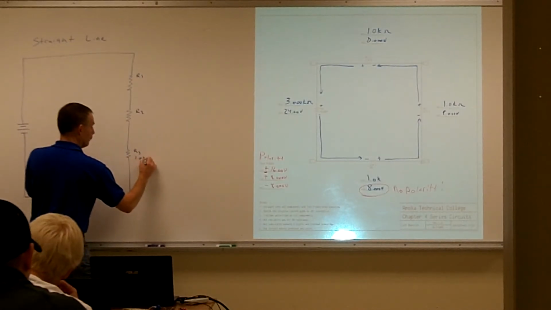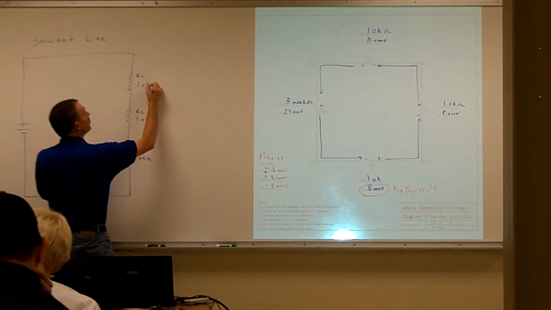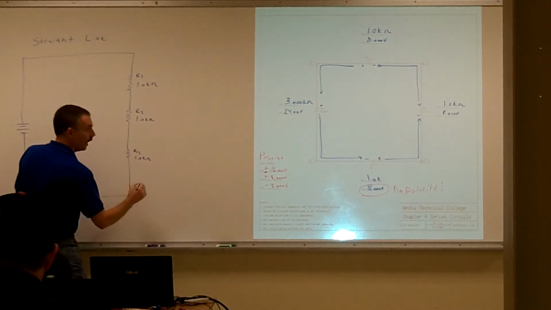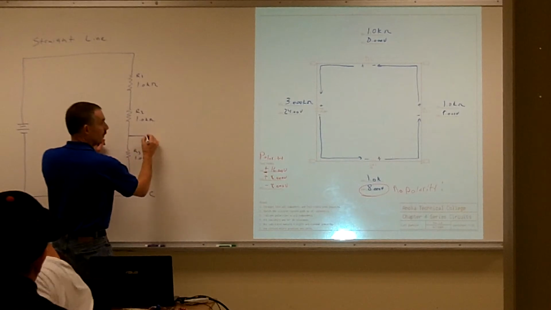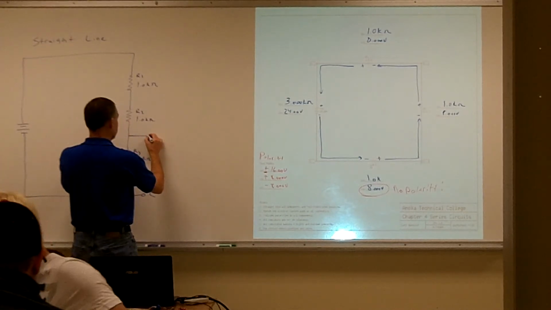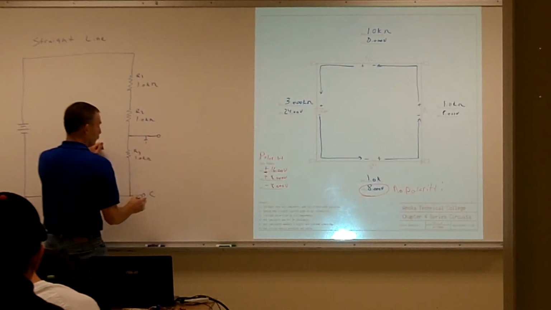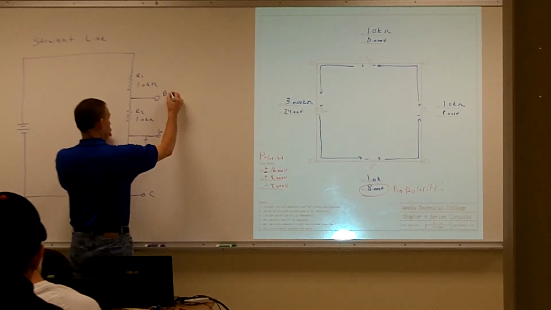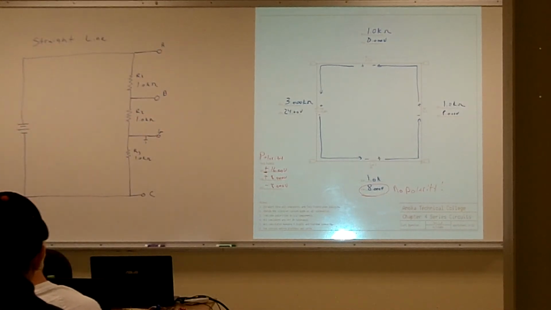This one was 1 kilo ohm. I know that this is going to be test point C. This one's going to be test point G, which is also my ground. Test point B, and test point A. And I know that I have a 24 volt source.